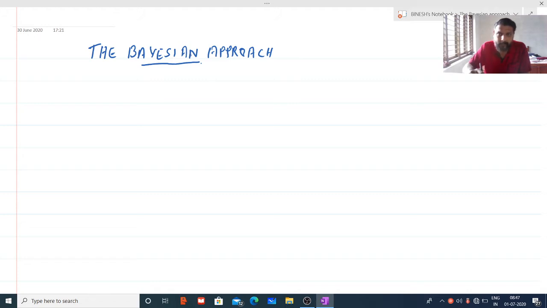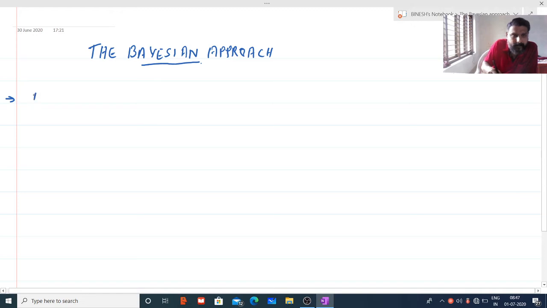In the classical approach, we do not consider theta as a random variable, whereas in the Bayesian approach, we consider theta a random variable whose particular realization value we must estimate.